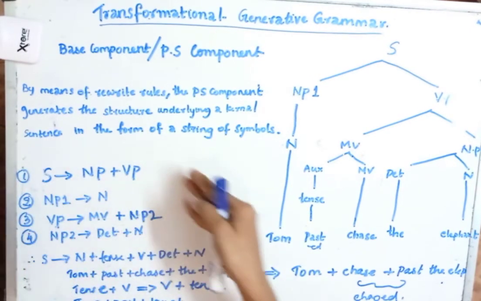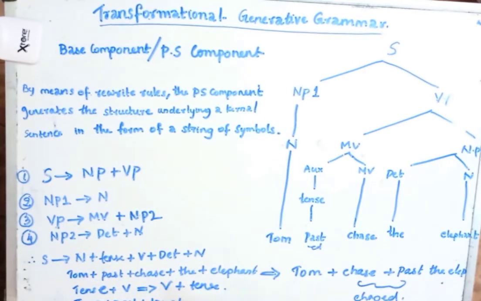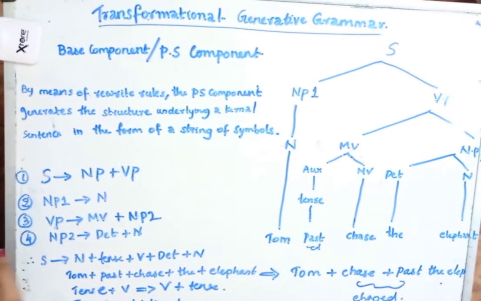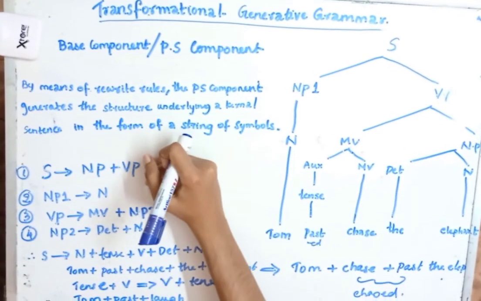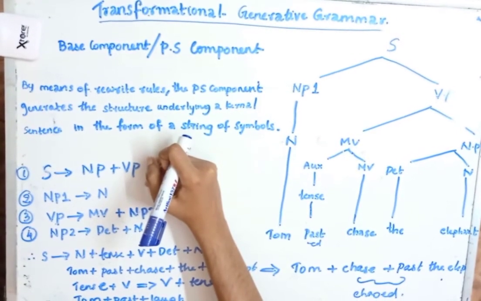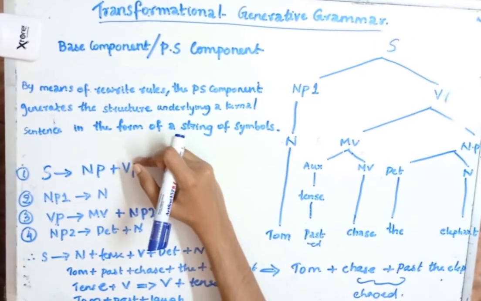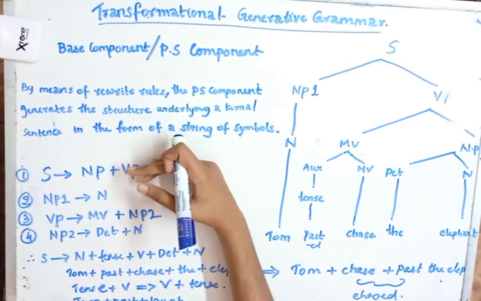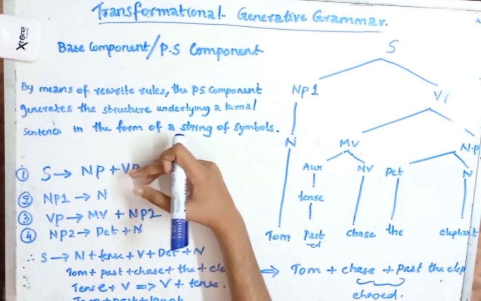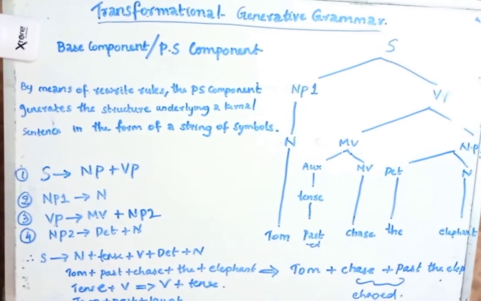Now, from this whole set of PS rules, we arrive at the terminal string. You can write it by applying rule number 2 to rule number 1, and then you can expand it. Then you can apply rule number 3, then you can further expand it, and then you can apply rule number 4 to the above string. That's how you do it, right?